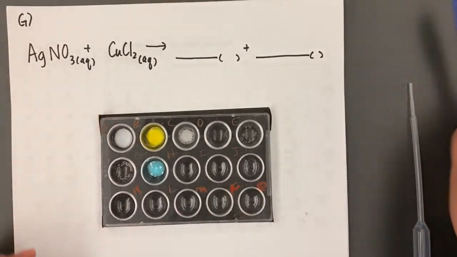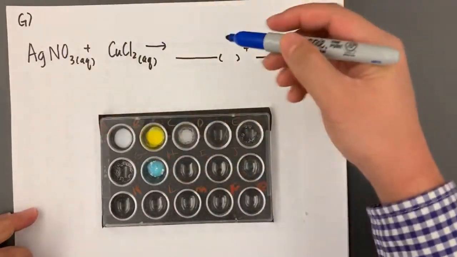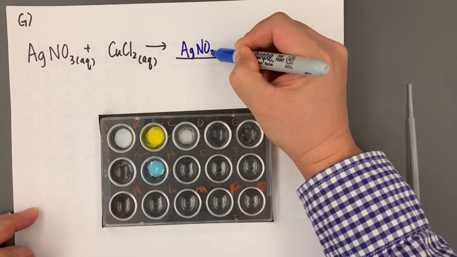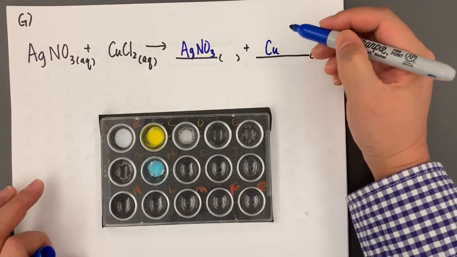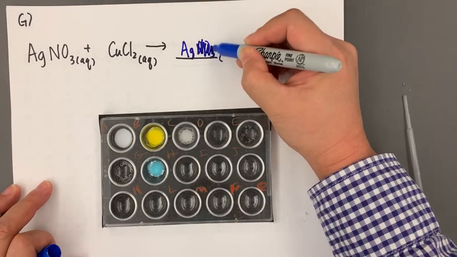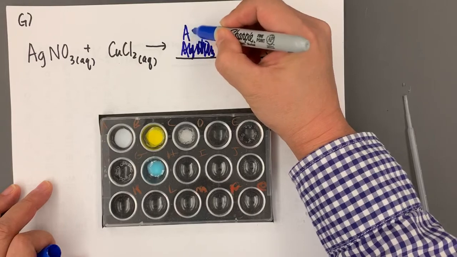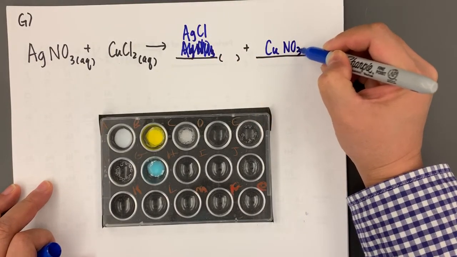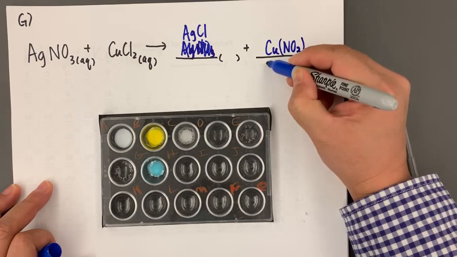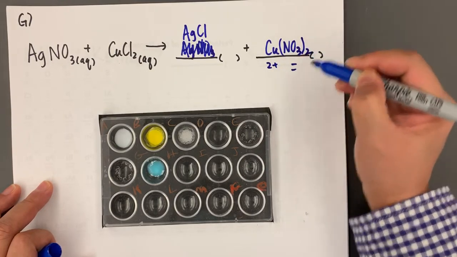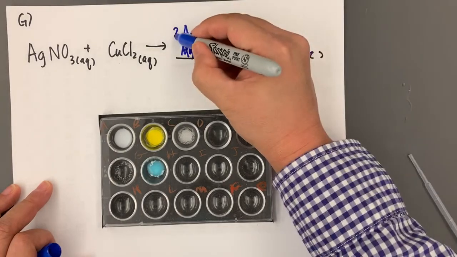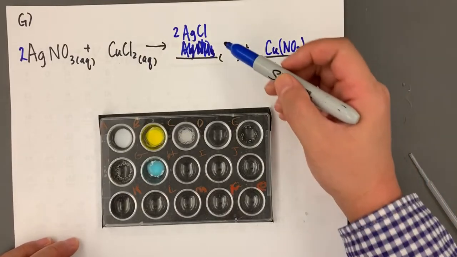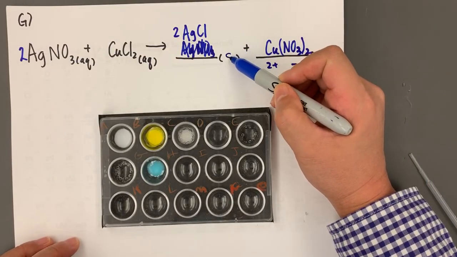So if you do this one and you do the double displacement, you're going to get AgCl and CuNO3, and you need a 2 here because the copper is 2+, so there are 2 nitrates. Then you need a 2 here and a 2 here, so it's balanced. The AgCl, according to the solubility rules, is a solid.